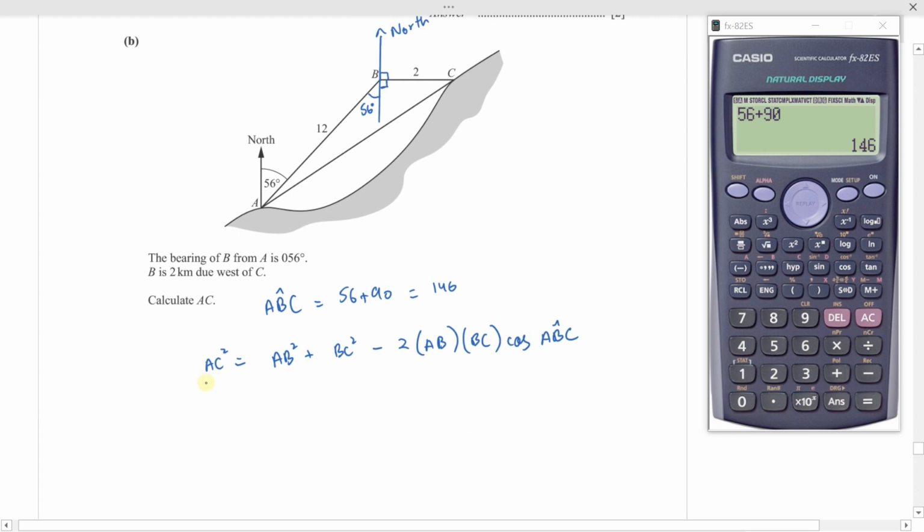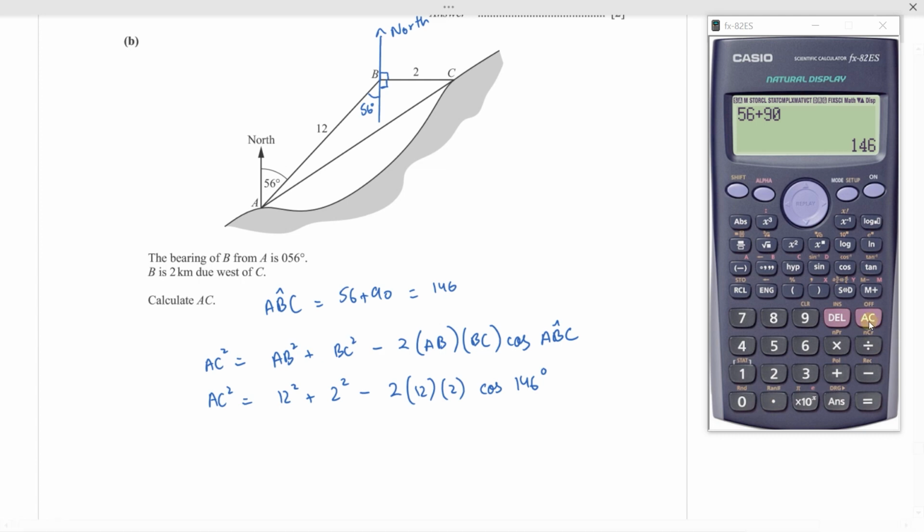Now I'll simply substitute the values. So AB is 12, BC is 2, cos of 146. So 12 square plus 2 square minus 2 into 12 into 2 into cos of 146.